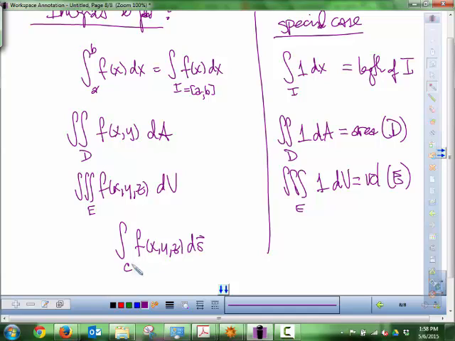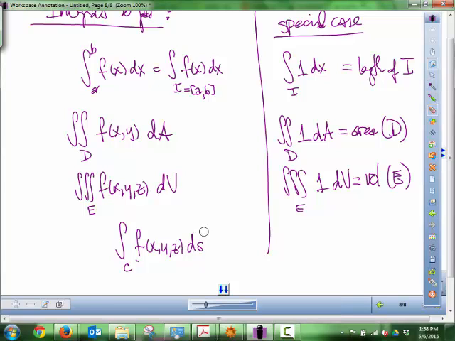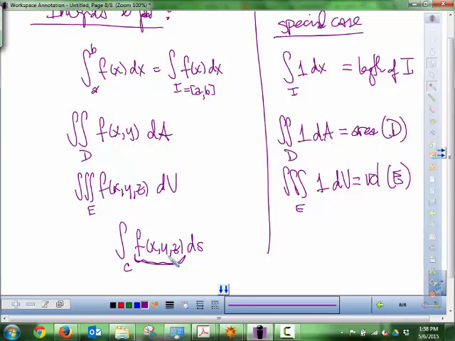So this is, people call it a line integral if they want, but I like to call it a path integral because, oh yeah, let's take the arrow out. So I want to differentiate the idea of integrating a scalar versus integrating a vector field. So this is a scalar.